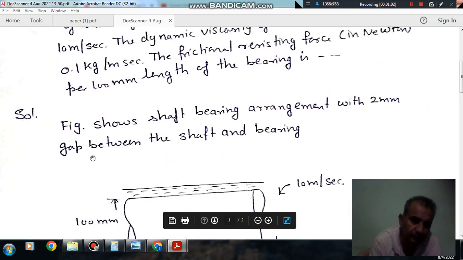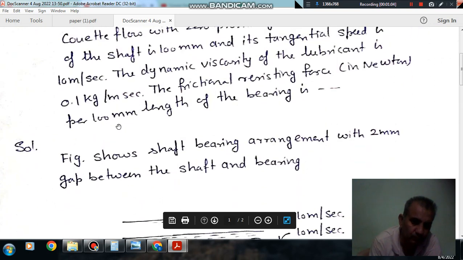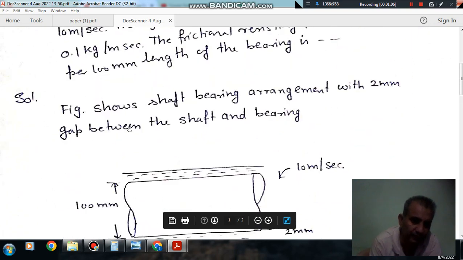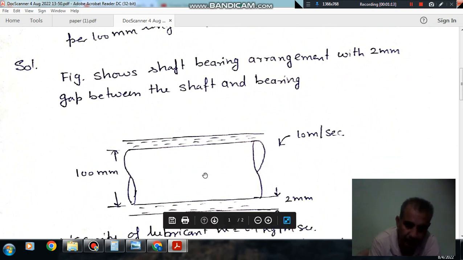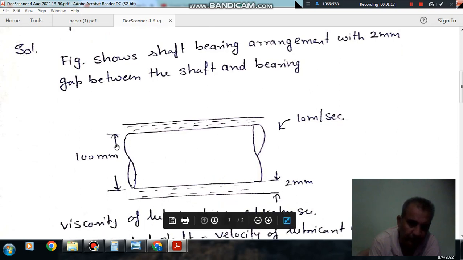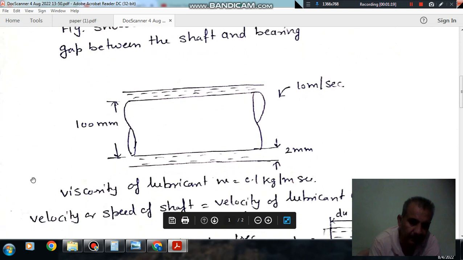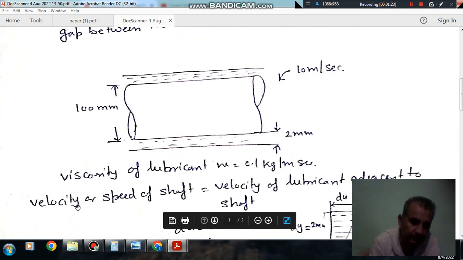As the flow is Couette flow, Newton's law of viscosity is valid for the flow. So this is the figure where the shaft rotates within the bearing, and this is the lubricant, and the gap is 2 mm. Diameter is 100 mm, and viscosity of the lubricant is 0.1 kilogram per meter per second.